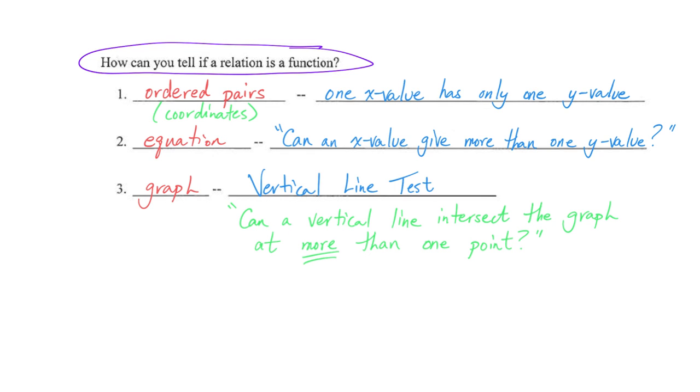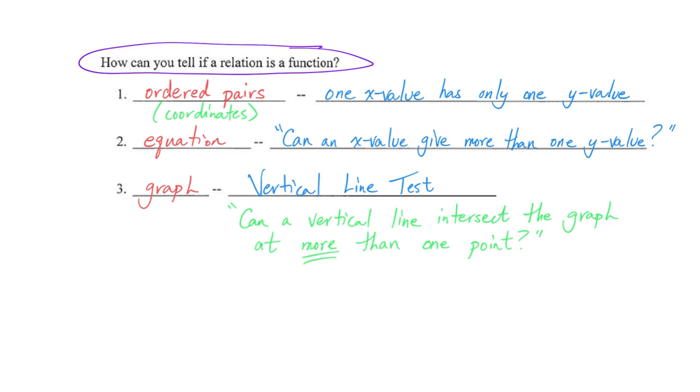Okay, I want to tackle this backwards. So let's start on number 3, the graph. Most of us should be good coming out of grade 10 that if we're given a graph to a function, we can just use the vertical line test to determine whether it's a function or not. So the question that we're basically answering is what you see in green: can a vertical line intersect the graph at more than one point?